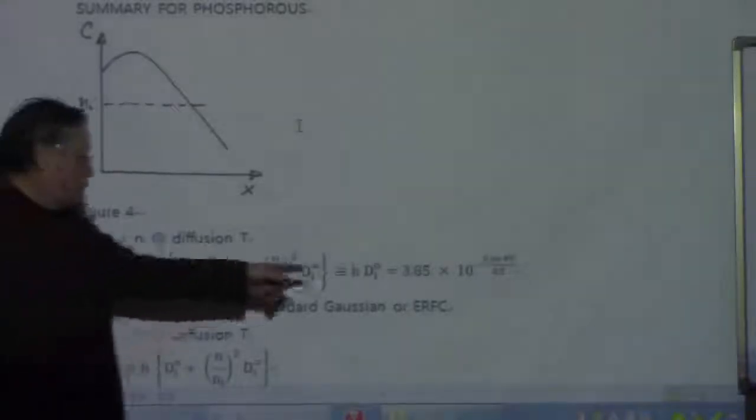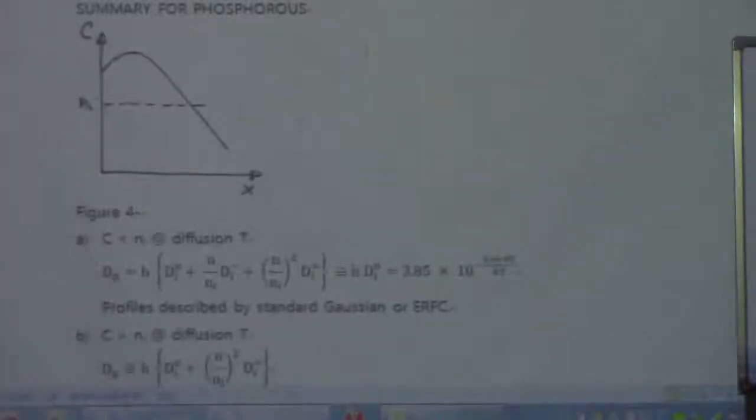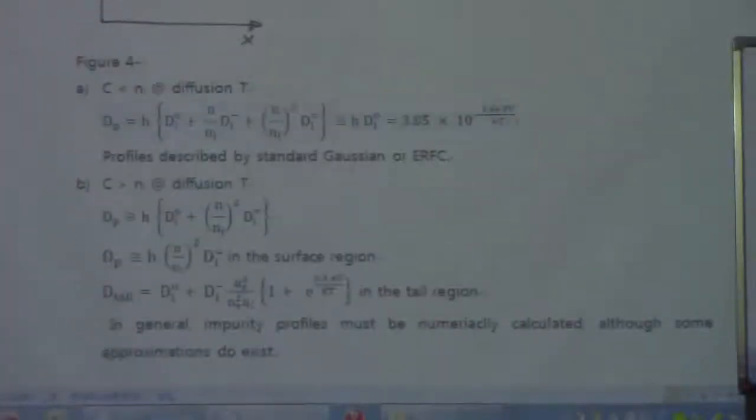We just use the simple diffusion coefficient to solve the partial differential equations.